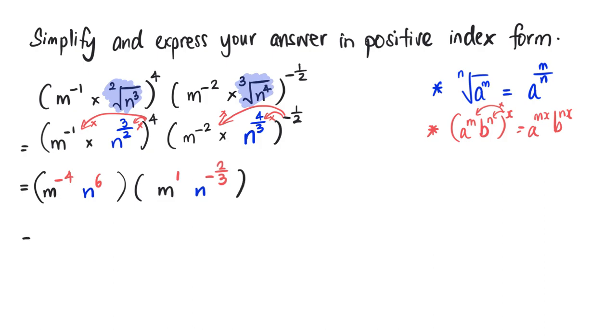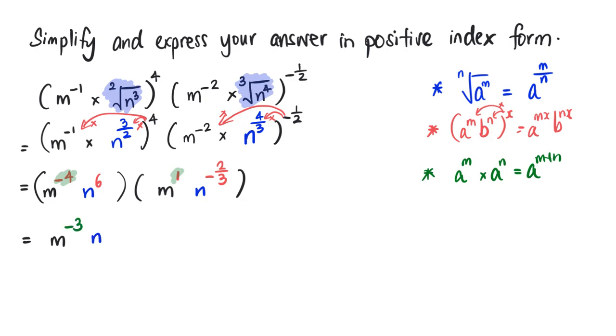And finally, we are getting close, and when we multiply bases that are the same, we are going to add the power, right? So you will see m will be -4 plus 1, -3.